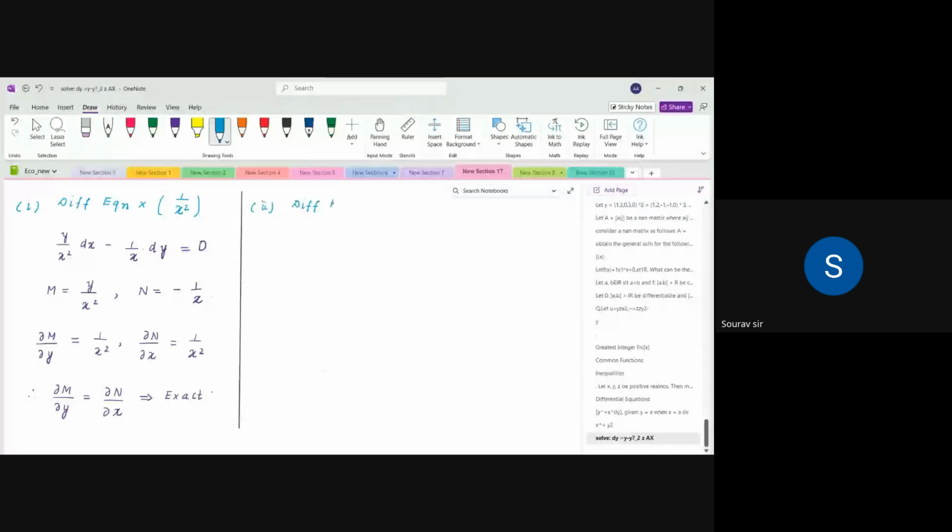For instance, instead of 1 by x square, if I multiply with 1 by y square. So what's the differential equation if I do it in this way?